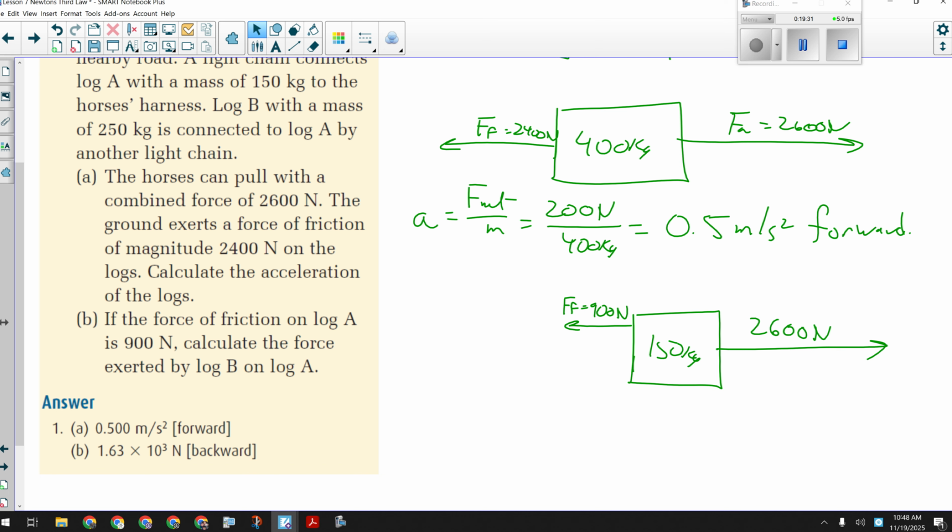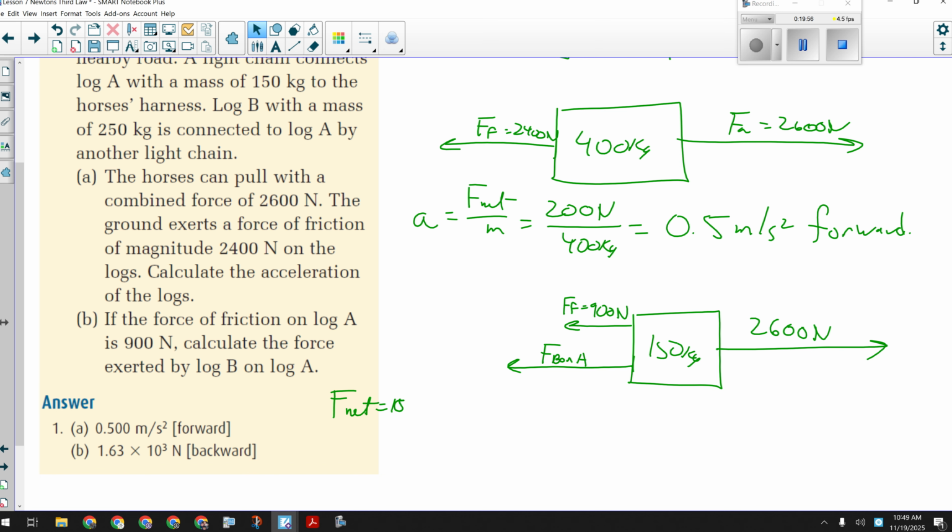And what else is acting on log A? Log B. They're attached by a chain. Through that chain, there's a force of log B on log A. Well, I know 2 out of the 3 forces acting on that log, and I can calculate the net force acting on that log. Agreed? Okay, well, let's calculate the net force on that log.